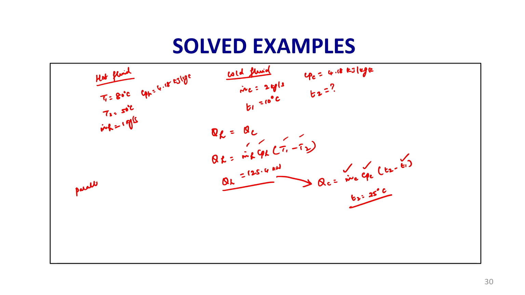Now, first I will calculate the area for parallel flow, or it can be either way. For parallel flow, we have to find the LMTD.